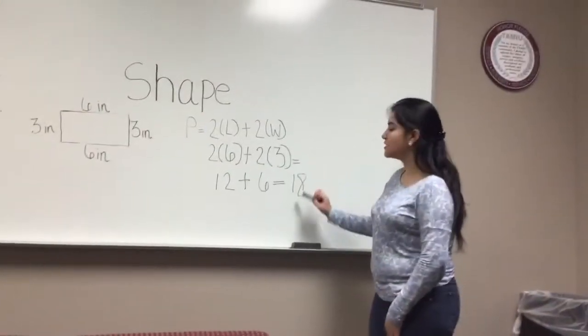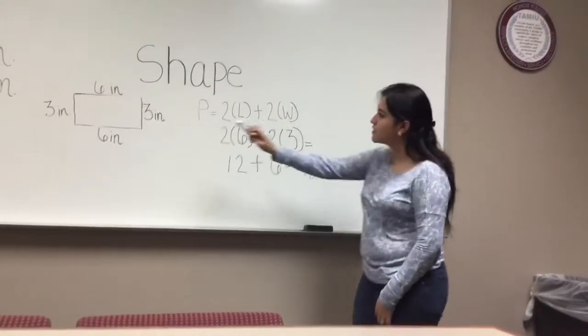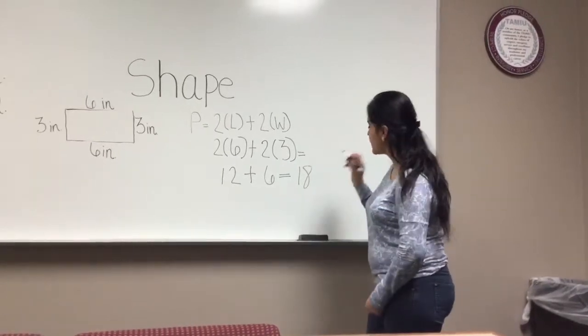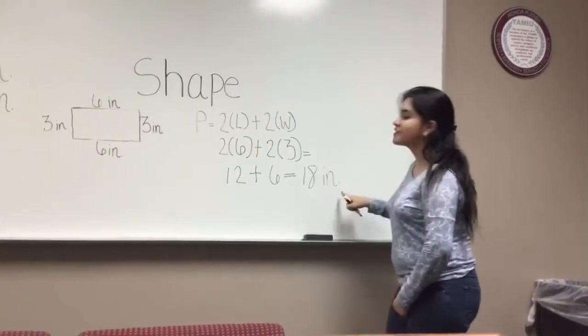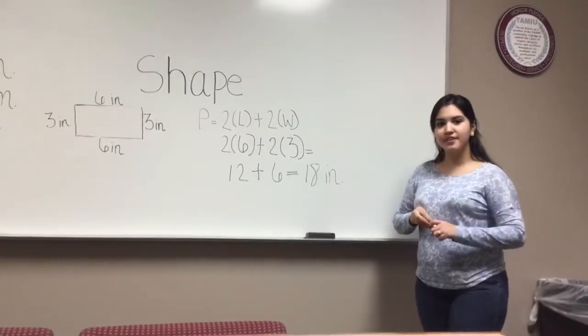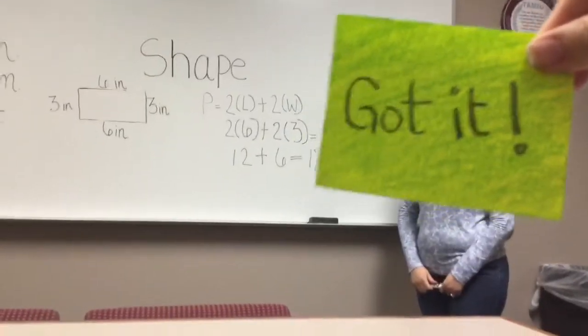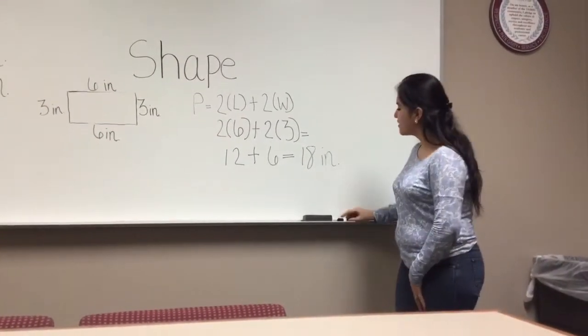So what are we missing in this answer? The units of measure. The units of measure, perfect. And what is the unit of measure in our answer? Inches. So it would be 18 inches. That is our final answer. Do you understand what perimeter is? Perfect. So this is how we find perimeter.